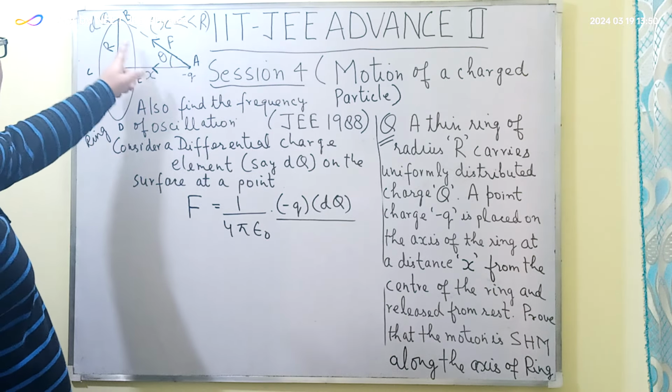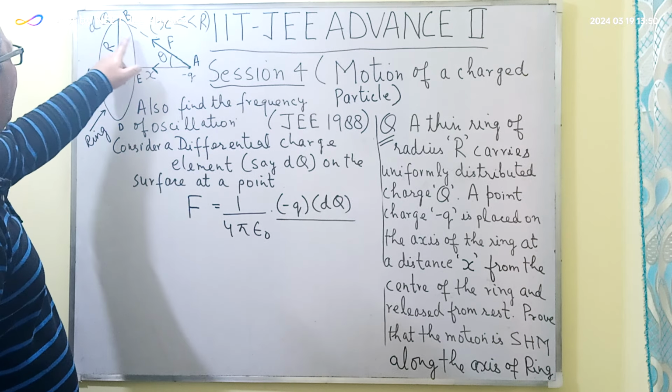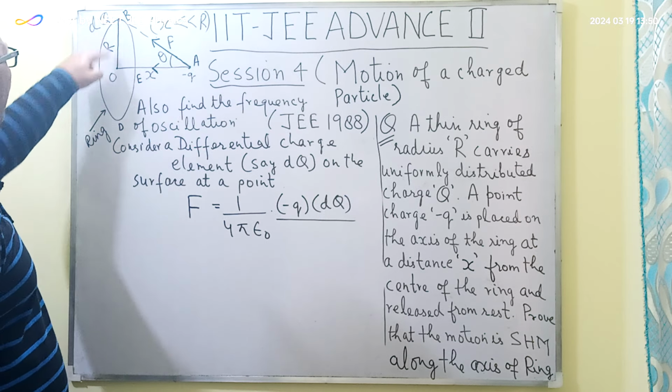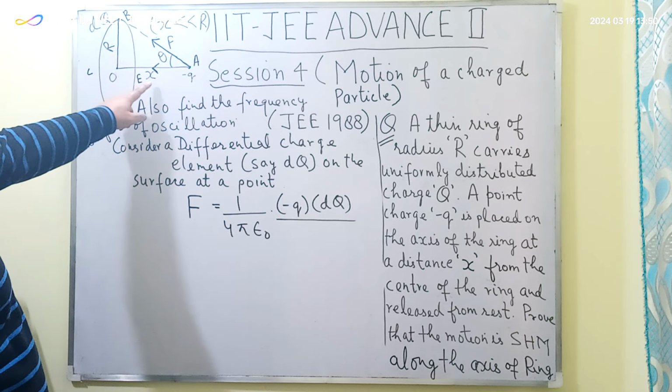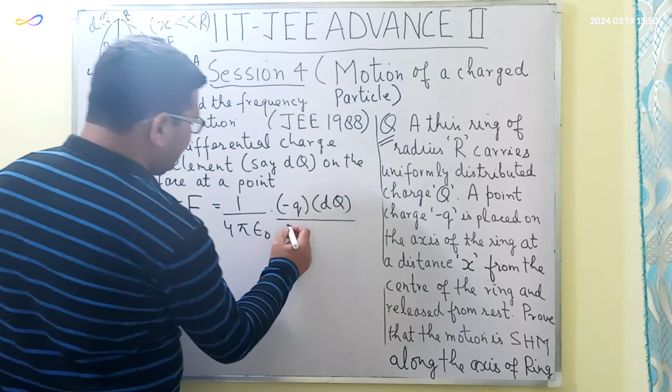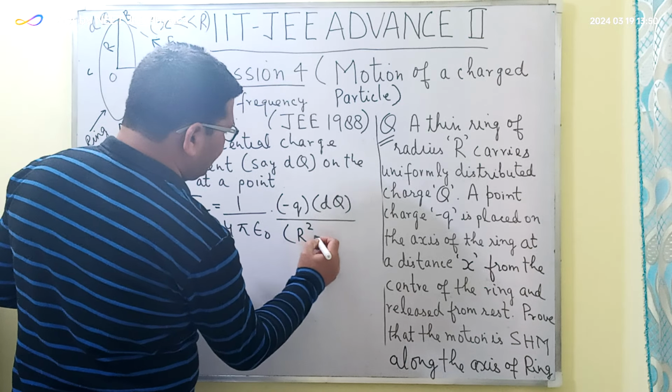So the distance between these two charges will be equal to what? We will use the Pythagoras theorem. OB square plus OA square is equal to AB square. So AB square will be equal to R square plus x square.